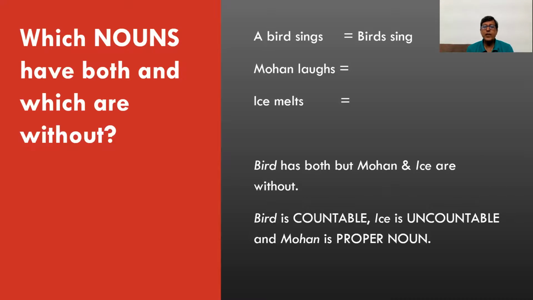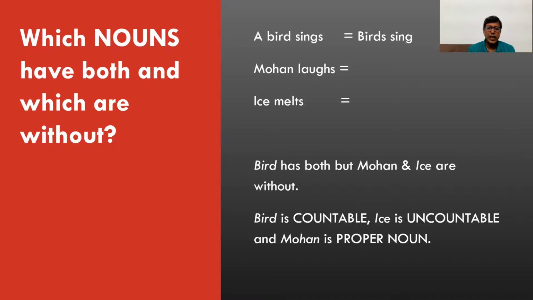So bird, which is having 2 forms, is called a countable noun. While ice, which is also a common noun like bird, is called an uncountable noun because it cannot be changed into plural. And Mohan is a proper noun because it's the particular name of a person.